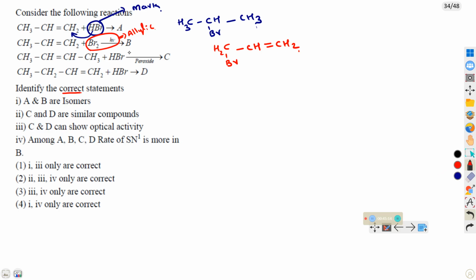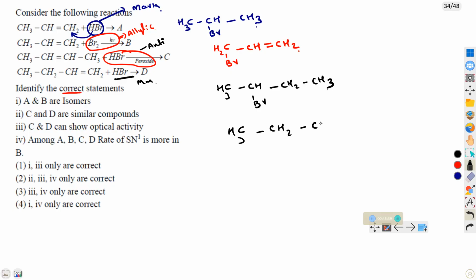Next, HBr with peroxide follows anti-Markovnikov's rule, and the product is CH3CHBrCH2CH3. HBr follows Markovnikov's rule: CH3CH2CHBrCH3.